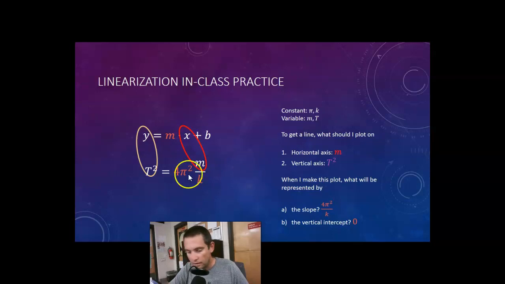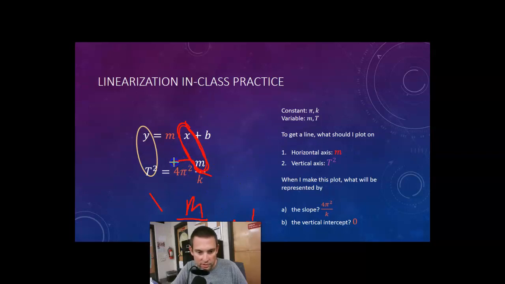Okay, so here's where it gets a little tricky. To do this, you have to remember that m over k is the same thing as m times 1 over k. So this m up here in the numerator is going to be on the x-axis.